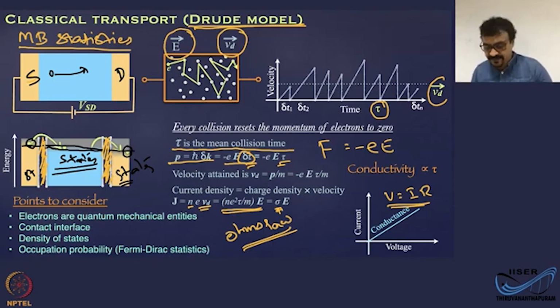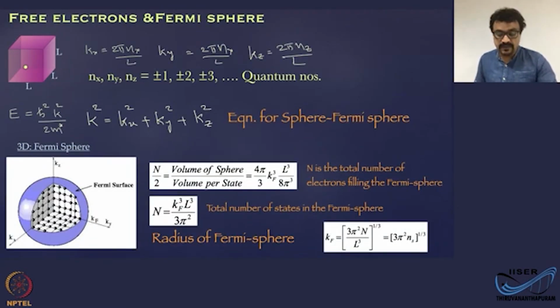Okay. Now let us look into the quantum mechanical treatment of the electrons, which is the free electron theory in its most primitive form, which is an incremental change to Drude's theory. Here we are treating the electrons similar to the particles in a box problem in quantum mechanics.